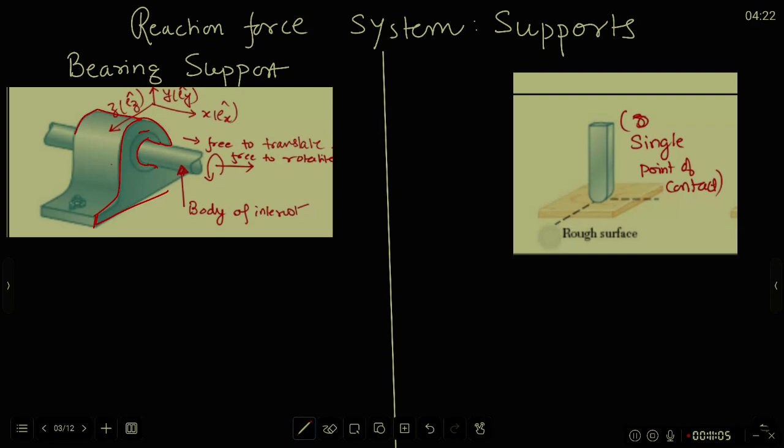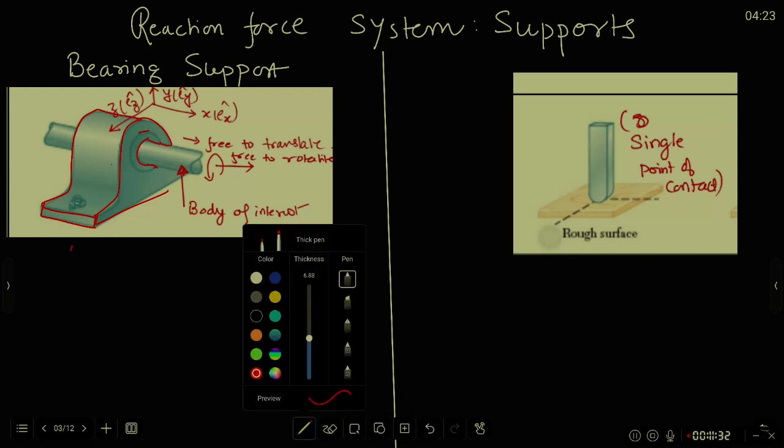Rigid body of interest. The body of interest is this. Again, it is truncated. This is the body of interest, the rod.